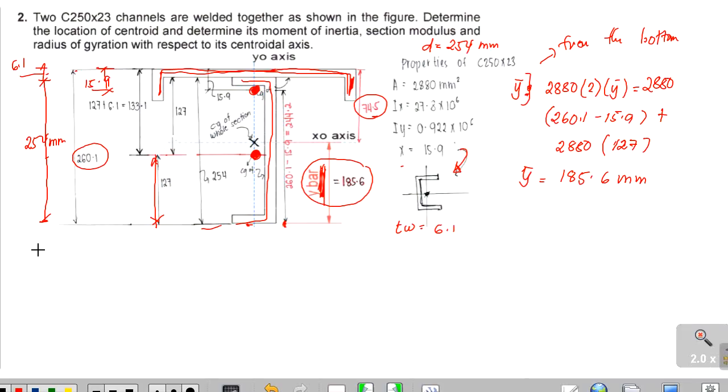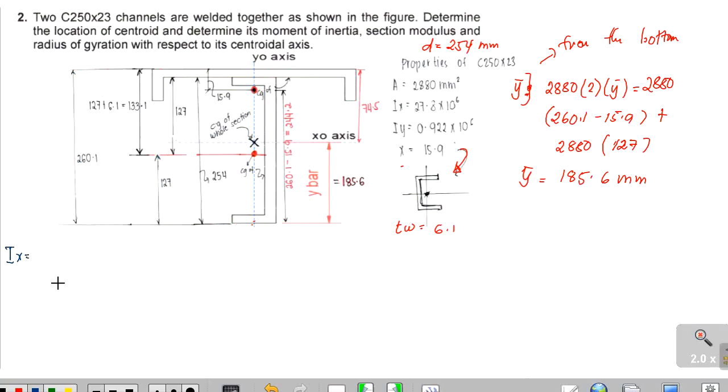We can now solve for the moment of inertia with respect to its centroidal axis. For Ix, for the standing C section, the Ix is given, 27.8 times 10 raised to 6, plus, since the centroid of the standing C does not coincide with the centroid of the whole section, we need to transfer.